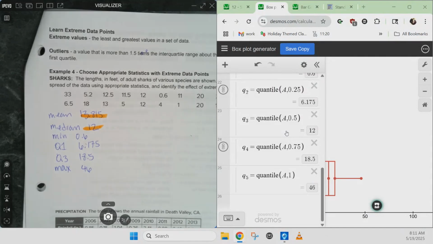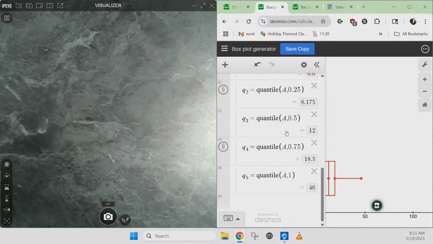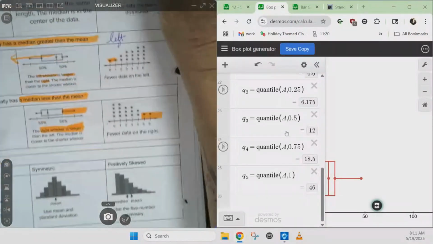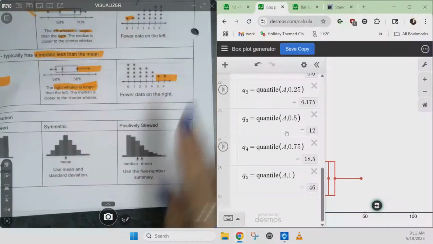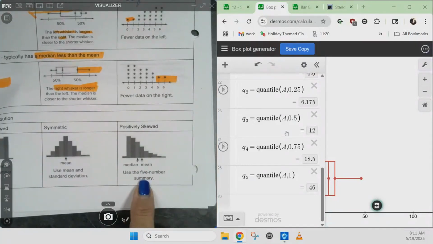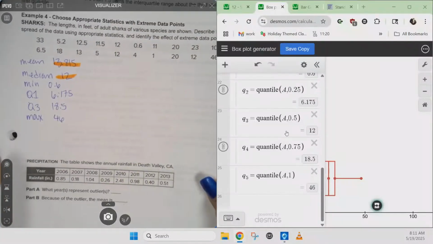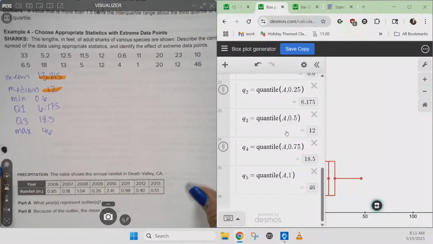So if I went back a couple pages, the mean, right down here at the bottom, is higher than the median. So that means it's positively skewed, and I would need the 5-number summary. Okay, and that's what we did. I went ahead and did it already.